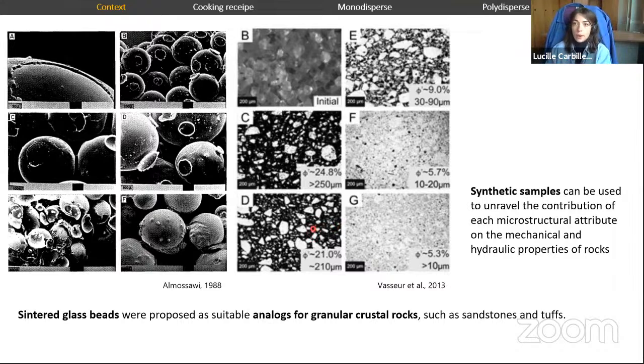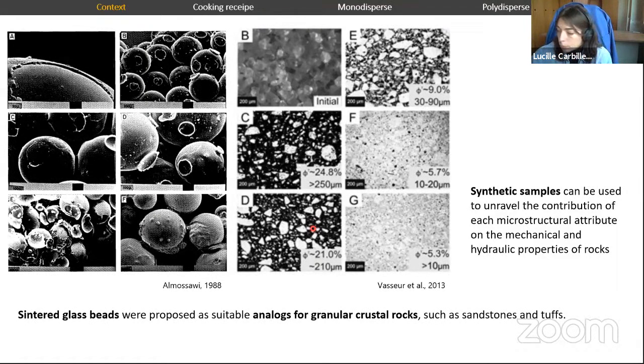So we chose to use this viscous sintering method to prepare synthetic samples and to unravel the contribution of microstructural parameters on the mechanical and hydraulic behavior of the rocks.